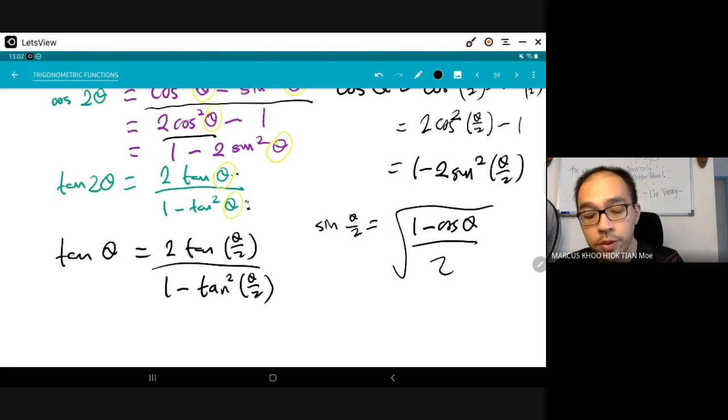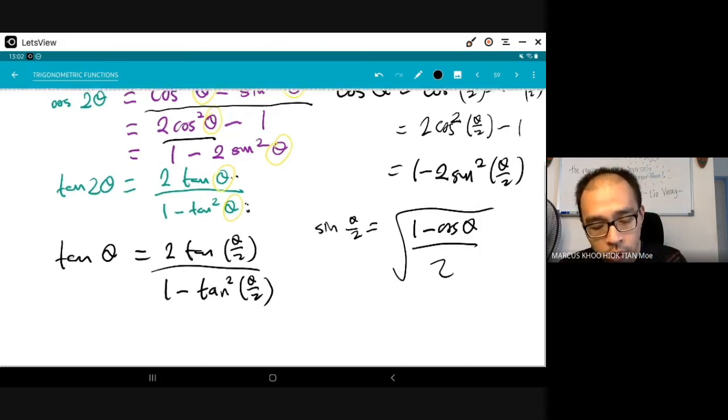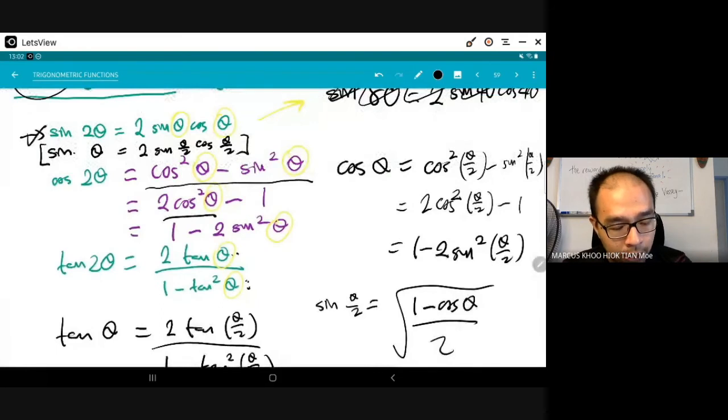I know that in the textbook it is written like this, but I would rather you not memorize this. What you should do is memorize the double angle formula, and then just remember that in order to find the half angle, we use the double angle, but we take away the 2. We halve all the angles.